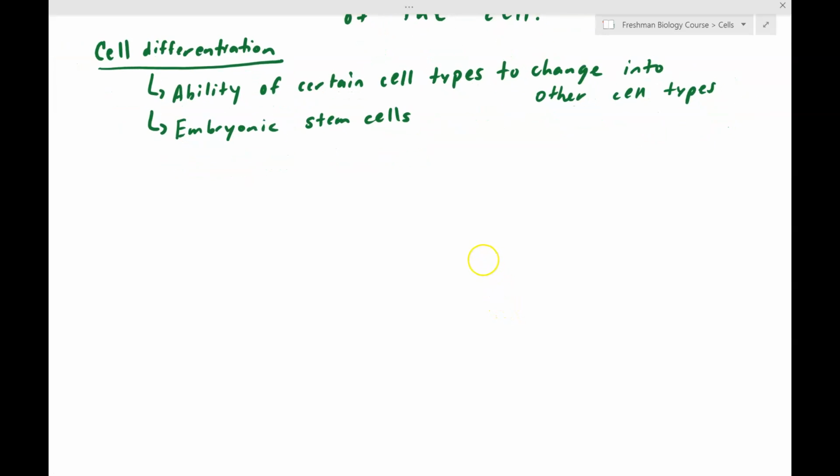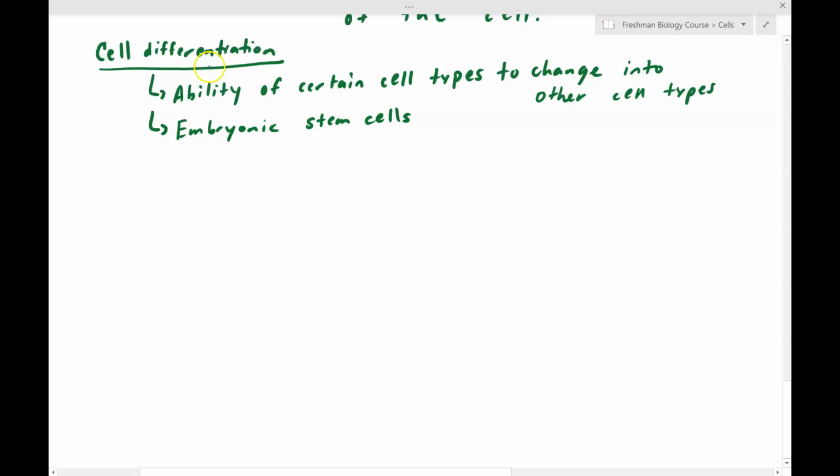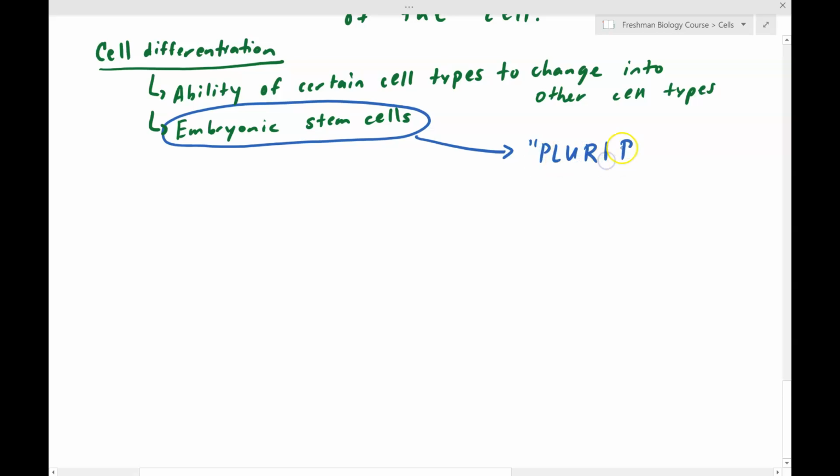Okay, so cell differentiation is the ability of certain cell types to change into other cell types. Basically, these are what we call our embryonic stem cells. And embryonic stem cells are, this will be a new word for us, pluripotent. Pluripotent. All right, and pluripotent basically means it's a cell that has the ability to differentiate.